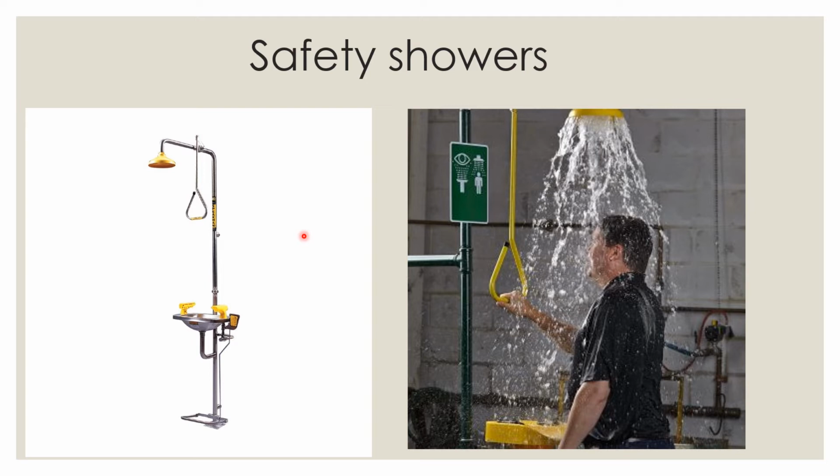At this point, modesty is not going to play an important role. We have to keep safety in mind. Pull the lever down immediately to flush the affected area with plenty of water for a minimum of 15 minutes, and we have to protect the eyes from any further damage. And number 3, remove any contaminated clothing, jewelry, or even shoes when you are standing under the safety shower.